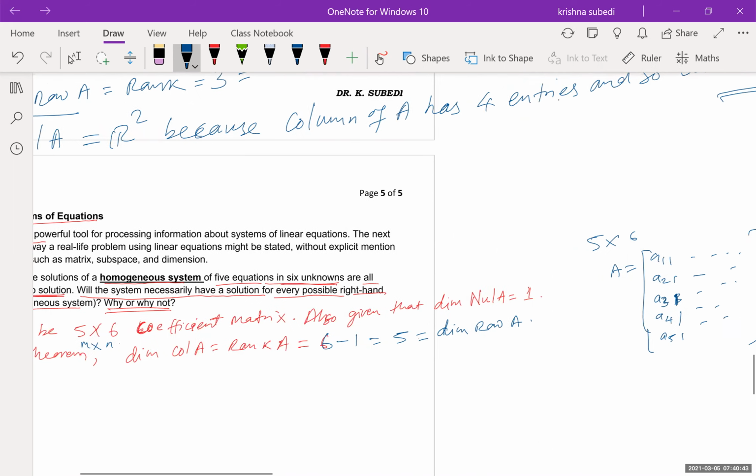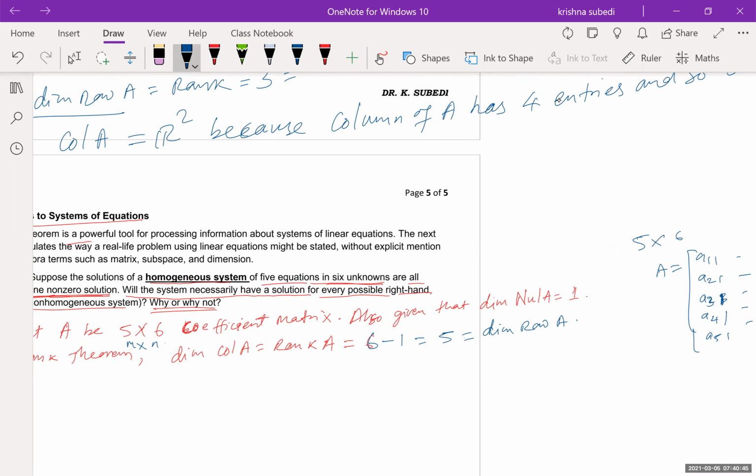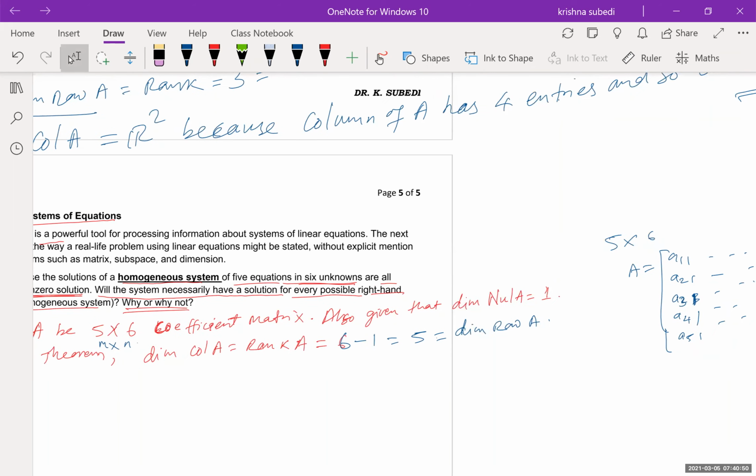So the dimension of row A or rank A equals 5 means there are 5 pivot columns. All right, so there are 5 pivot columns.